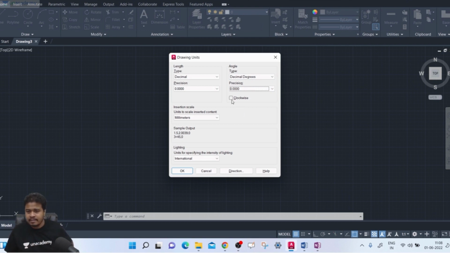This is the clockwise, anti-clockwise option. Suppose I left click onto this, so you can see that clockwise got activated. Actually, understand this. What is meant by clockwise and anti-clockwise?